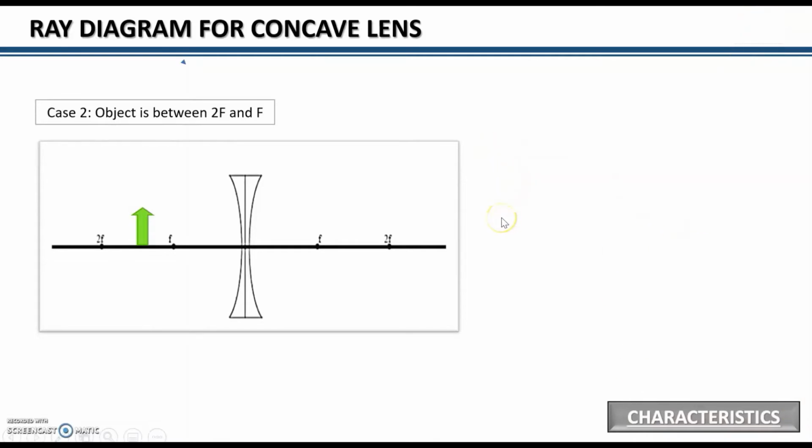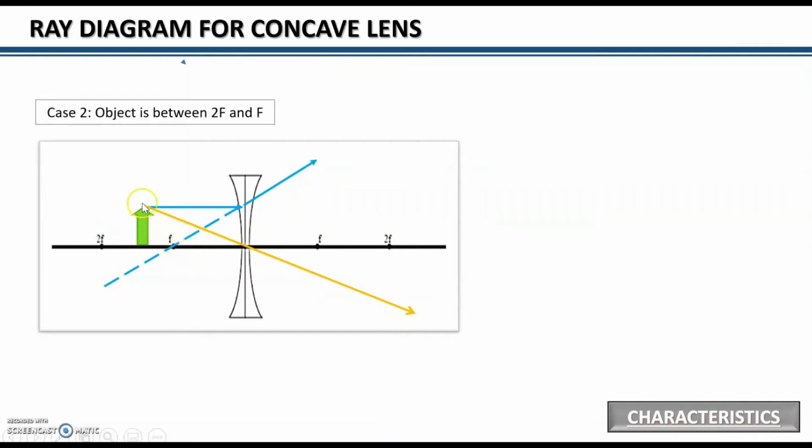Okay, so let us now show the ray diagram. So you just compare your answer to this. Okay, so you have a light ray parallel to the principal axis, then it bends upward. Then if you extend this downwards, it will pass through F. And the second light ray that I'll be using is the V ray, because this is the easiest to draw.